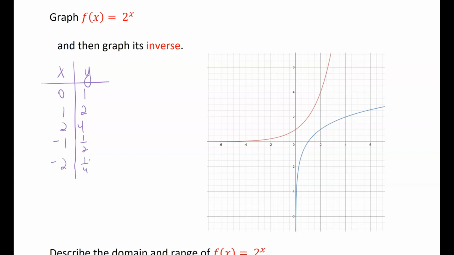Okay, and so rather than solving for the inverse and trying to graph that, I just wanted you to invert the points that you got from this one. And so keeping in mind, if we had 0, 1 here, the inverse would be 1, 0, right? For this point back here, for -1, positive 1/2, we would have 1/2 positive, -1.